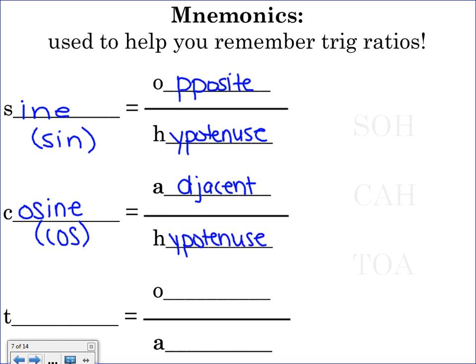So now we have sine equals opposite over hypotenuse, and cosine equals adjacent over hypotenuse. And the last one we're going to talk about today is tangent, which on your calculators is abbreviated TAN. Just borrowing the O and the A from up here, this becomes opposite over adjacent.